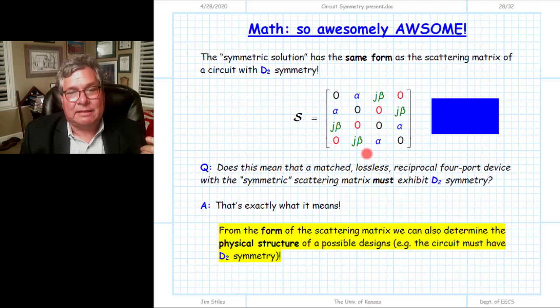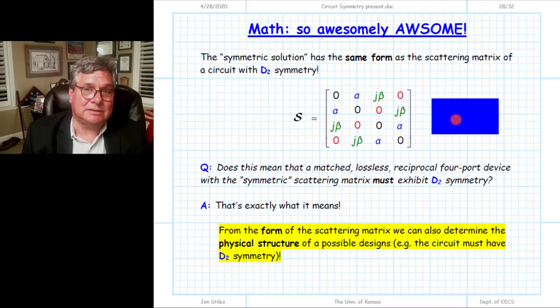Now we've shown that that circuit must have a level of symmetry described by this dihedral 2 group, this order of 4, the same symmetry as a rectangle. The circuit that we construct to satisfy the scattering matrix, now we know the essential symmetric structure of that circuit.